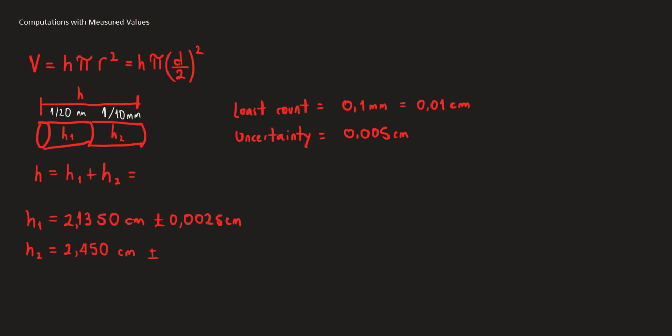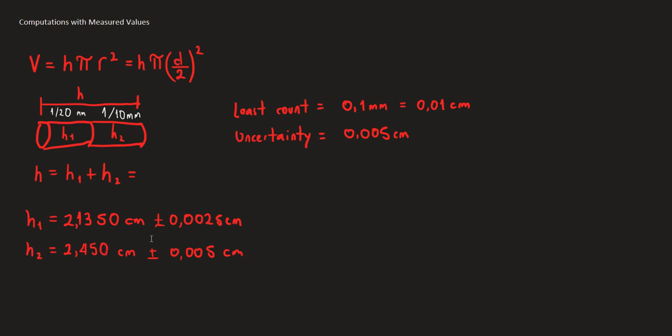So here we have 0.005 centimeters, namely if we report the measure until this number, we are committing a mistake because this other number also gives some information, which is that the uncertainty at least goes through this figure.